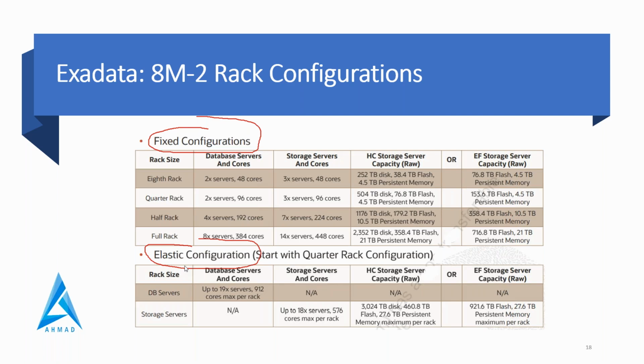From this starting point, any number of database servers or storage servers can be added, up to a maximum of 22 servers or until the rack is physically full. So this is the limitation in the elastic configuration.